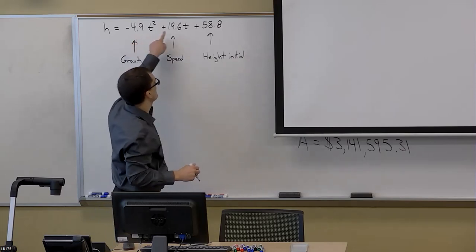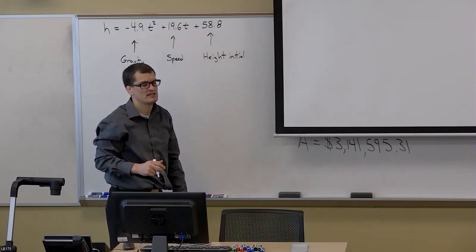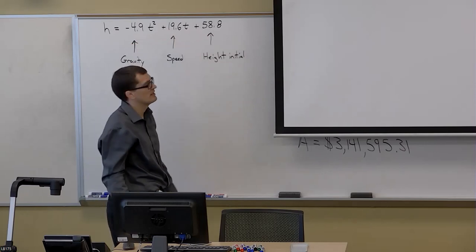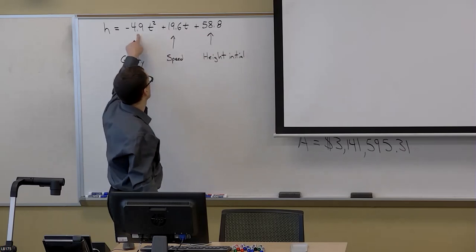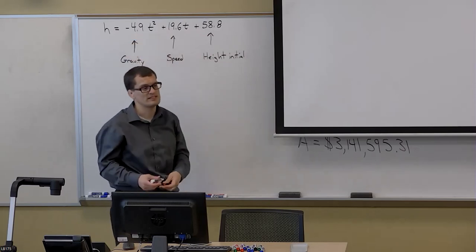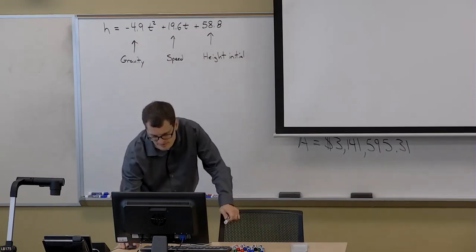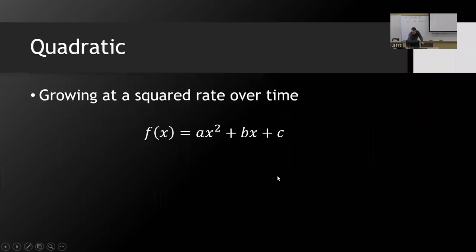And in general, that's the way it's always going to be. The c is the initial height. The b is the speed. And the a is your constant involving gravity. When I say A, B, and C, I'm referring to this here.